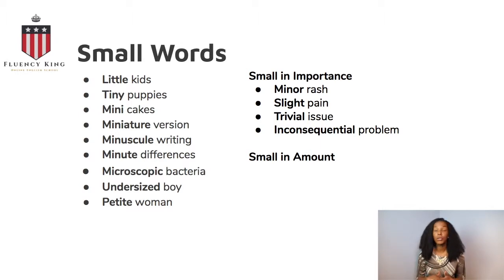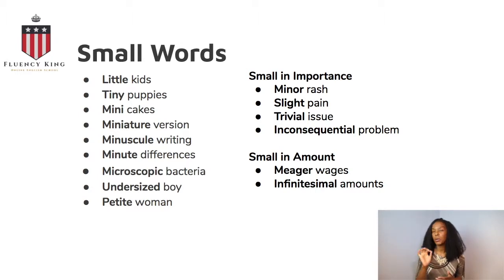You also have words that mean small in amount. Words like meager wages, so very little earnings, earning very little money, very little income. Infinitesimal amounts. Infinitesimal means so small that it's close to zero. So it's as close to zero as possible.